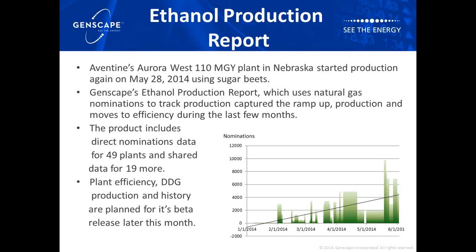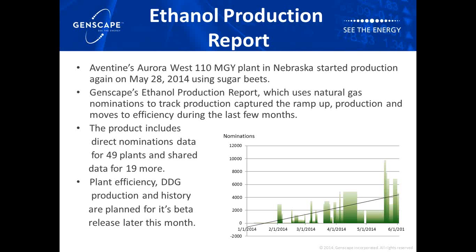This is just an example to the right of some nominations that were recorded since the first of the year at the Aventine Aurora West facility in Nebraska, and how we were able to pick up the fact that that plant started back up in late May, and it's actually producing with sugar beets.